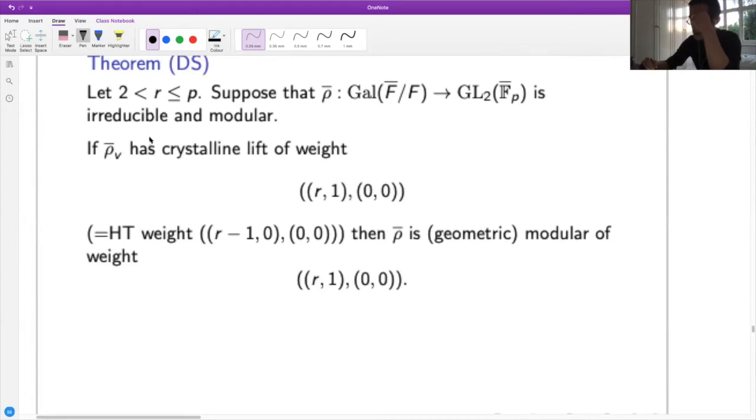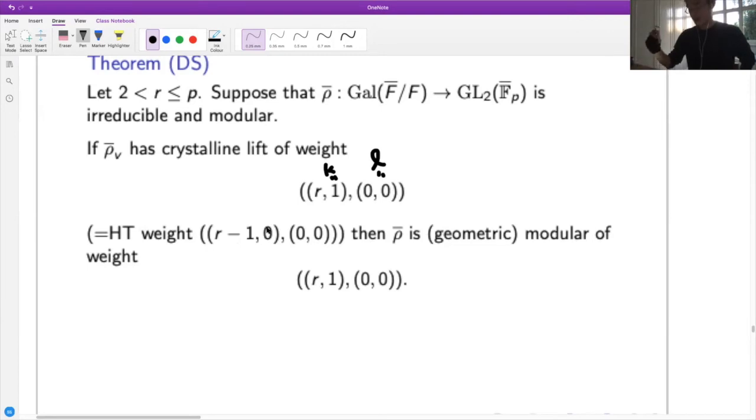The rho bar, when restricted to a decomposition group at v, has a crystalline lift of weight (r, 0), where r is the weight indexed by tau and the other is indexed by the phi twist of tau. Then rho bar should be geometric modular of that weight. You should note that if I translate into Hodge-Tate weights, it would be just r minus 1 and 0. So one of these is 0.